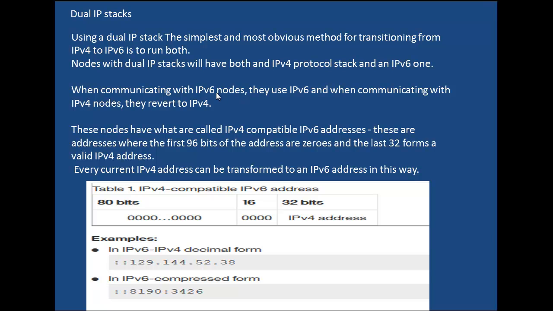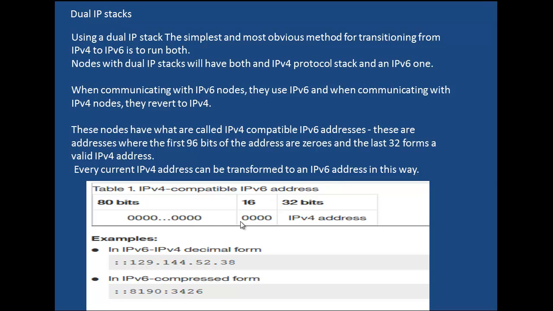These types of nodes where you have dual stack technology, they have what we call IP4 compatible IP version 6 addresses. And these are addresses with the first 96 bits of the address being zeros and the last 32 bits forming a valid IP4 address. So in a dual stack IP system, every current IP4 address can be transformed to an IP6 address.